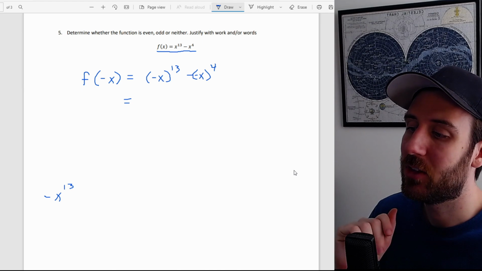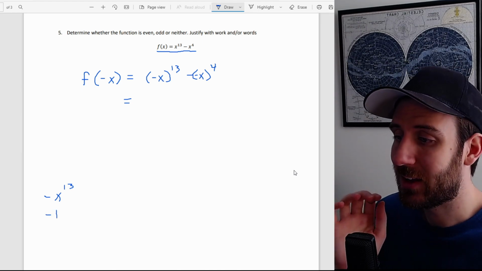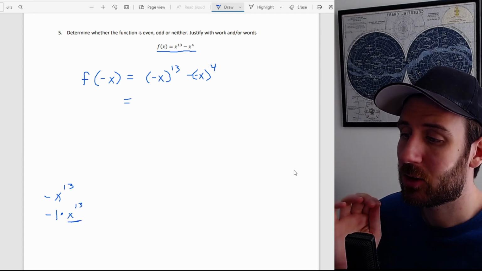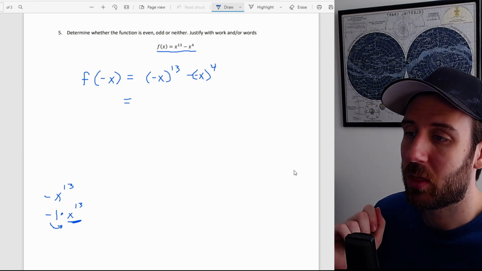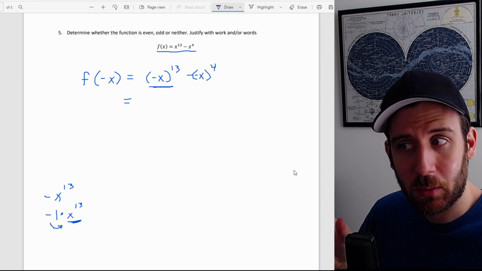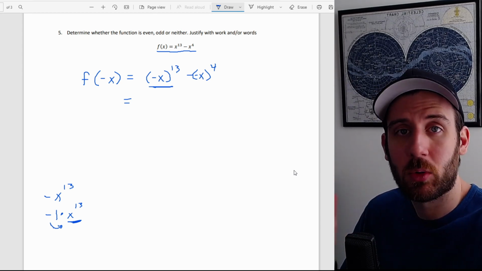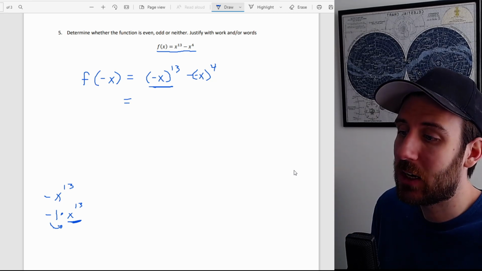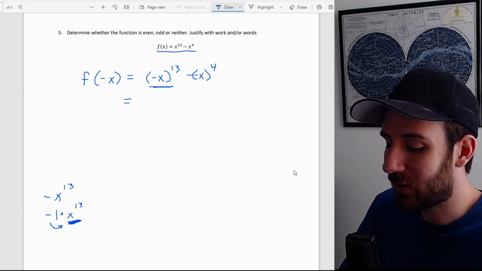And it's because this negative in front, according to order of operations, would be negative 1 times x to the 13th, which means we would want to do the exponents first and then make this negative at the end. Notice that with this version, we are multiplying negative x times itself many times, and we're not making anything negative at the end necessarily. We're letting the exponent grab the entire negative thing and repeat it, instead of here where we have it grab just the x and repeat it and tack on the negative afterwards.